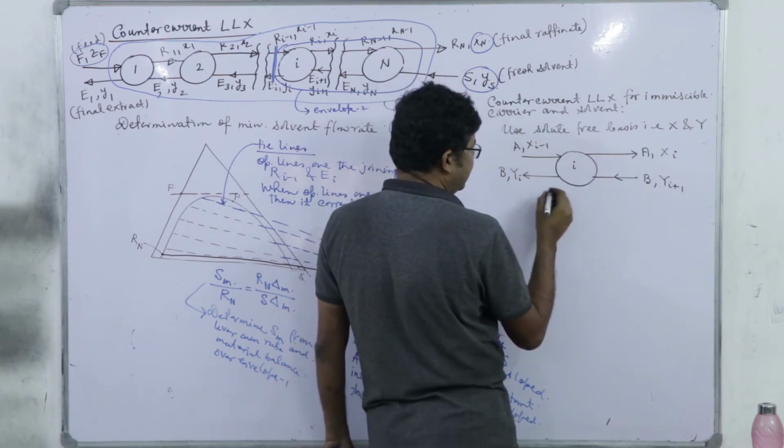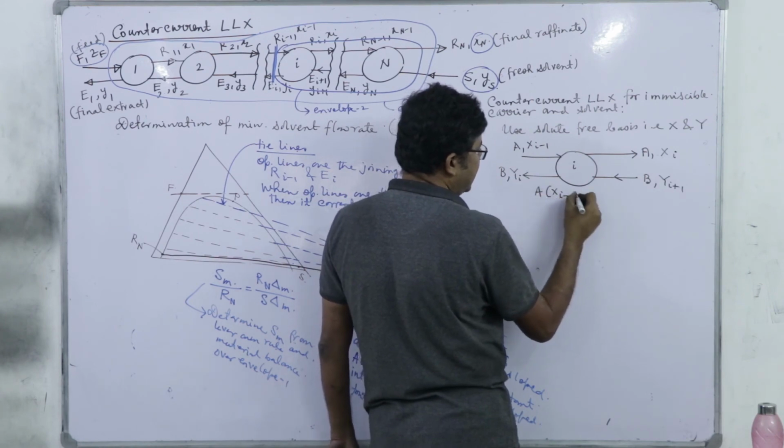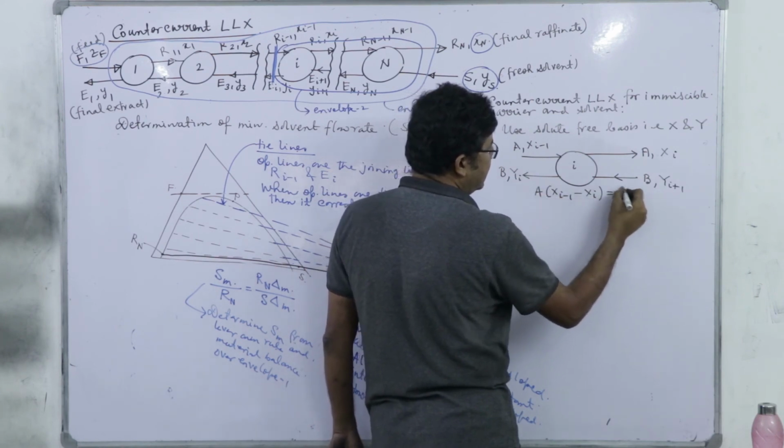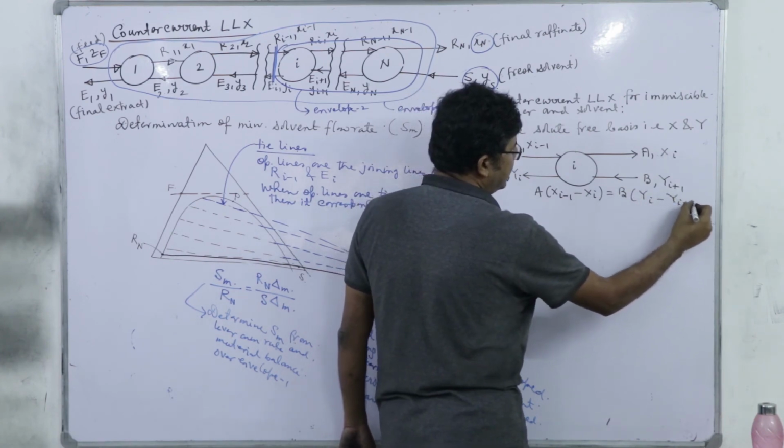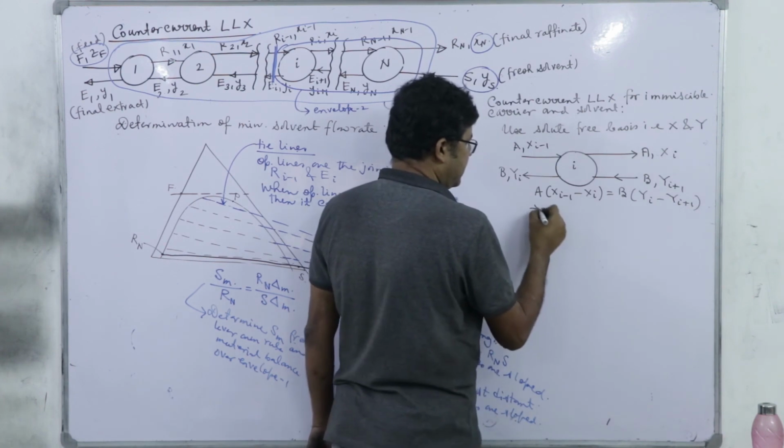So, simple balance will yield that A within bracket x i minus 1 minus x i equal to B within bracket y i minus y i plus 1, right.